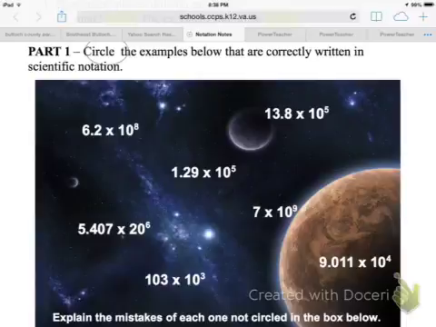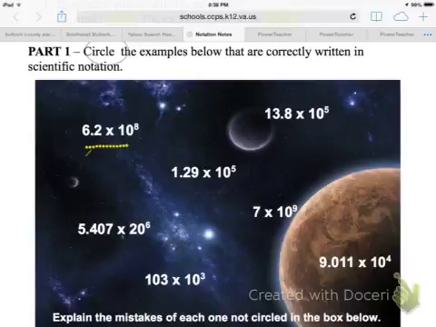So let's look at the first one: 6.2 times 10 to the 8th power. Let's check and make sure that it has those 3 parts that we discussed in the beginning. My decimal part is between 1 and 10 because it's 6.2.